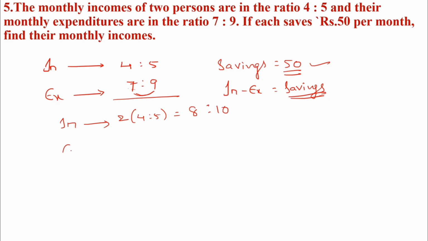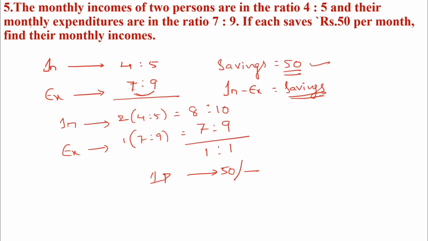And expenditures will become, this I need to calculate. Take the difference of the first ratio, so 1. 1 into 7 is to 9, so this will become 7 is to 9. So what is the difference? 1 is to 1. So one part is equal to what they have given, 50 rupees. Savings is 50 rupees. What do I need to calculate? Incomes. We have to consider this only.